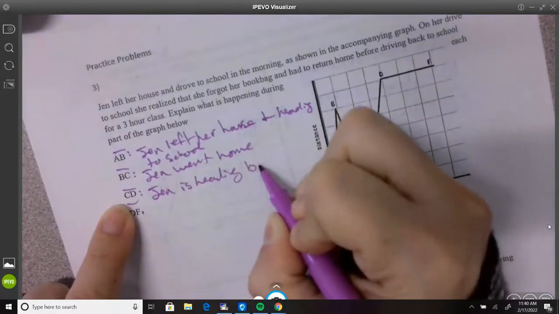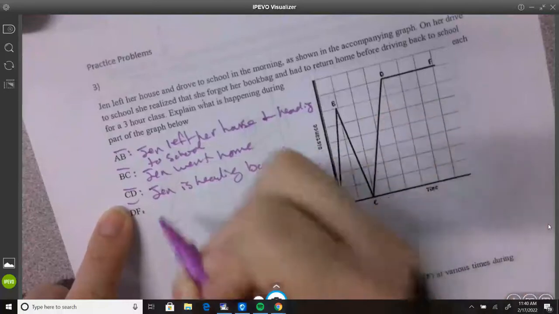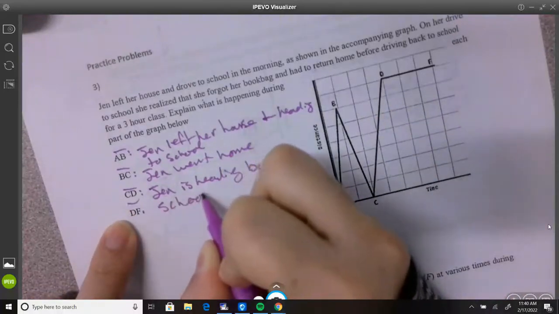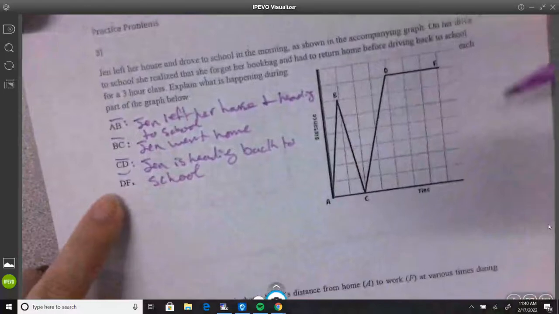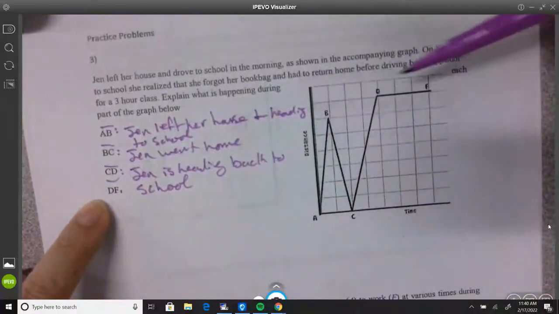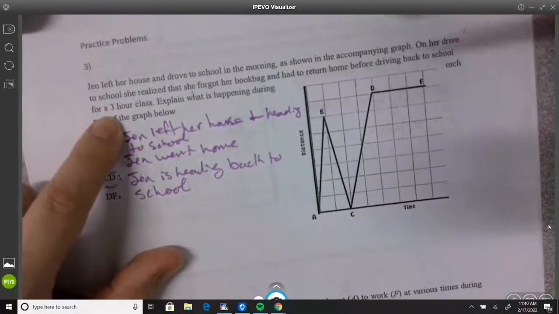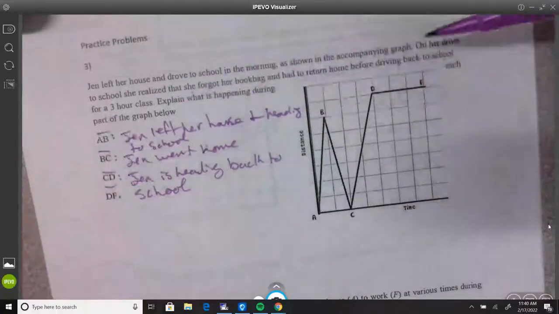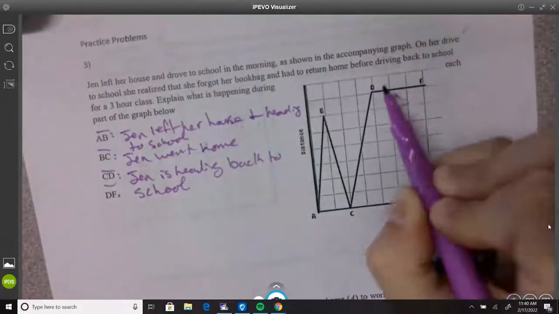So Jen is heading back to school. And then line DF, well, she's staying for a 3-hour class. So that's what we're doing right here.